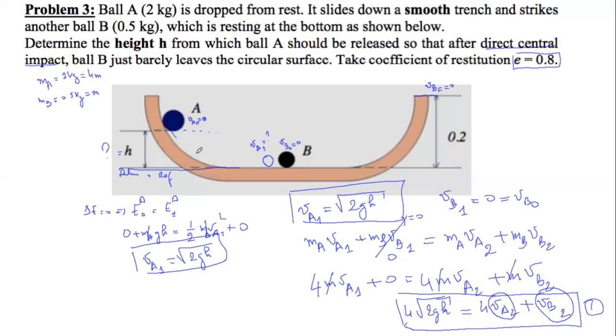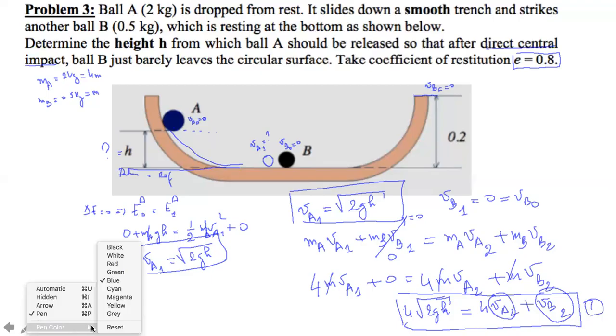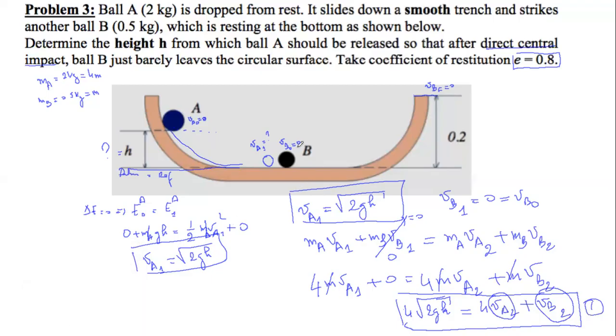So I have exploited the first information, the collision. Now I will exploit the second information. That's very simple. Now this B here, after collision, will have a velocity, and I call it VB2. It is not 0 anymore. Now there is no friction. It goes up and it reaches a height of 0.2 meters.